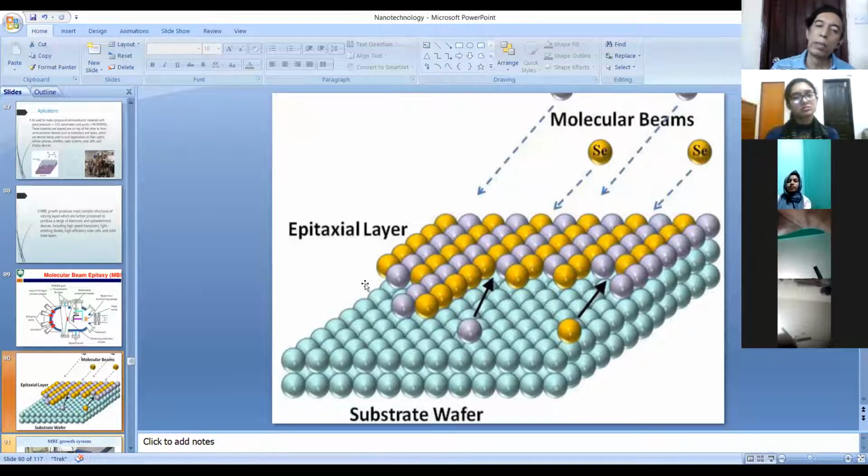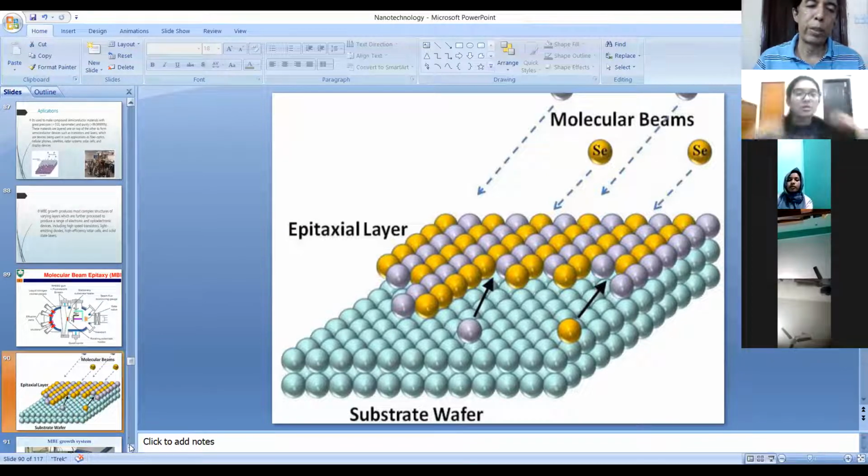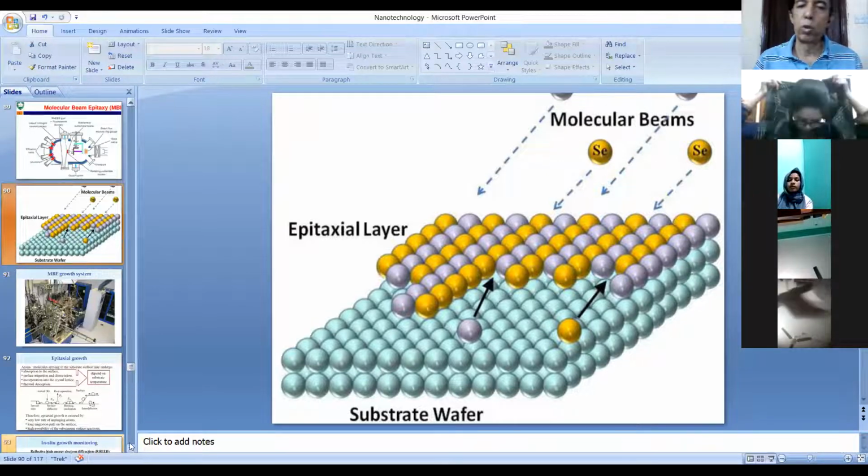This is the epitaxial layer. So in this way, you can control your epitaxial growth.